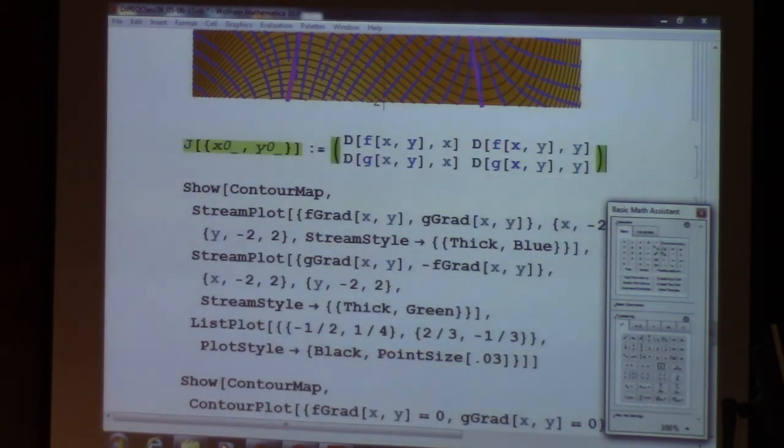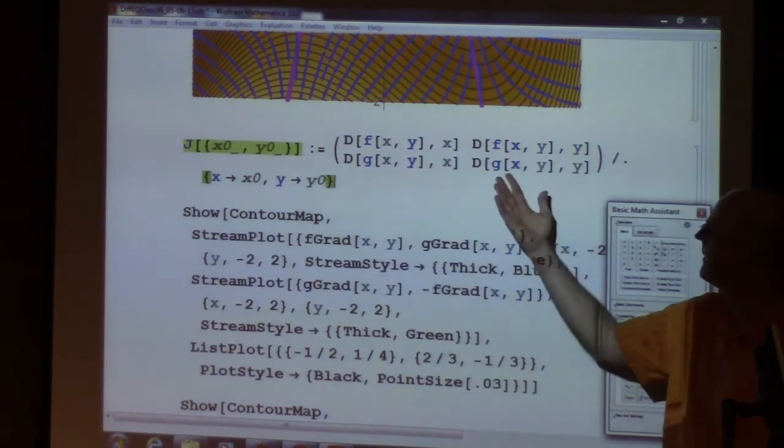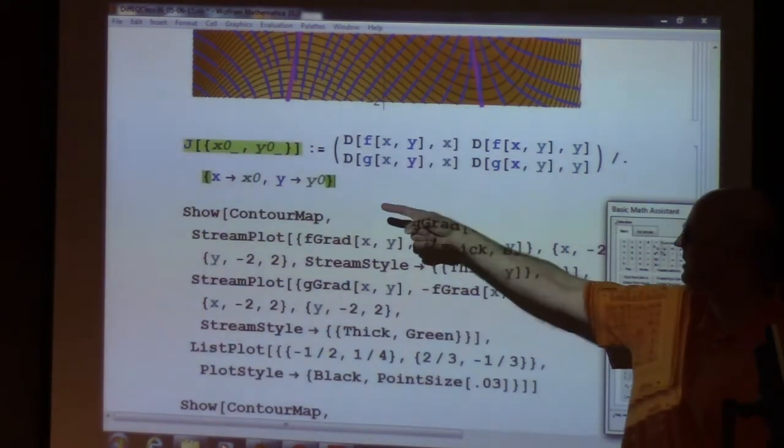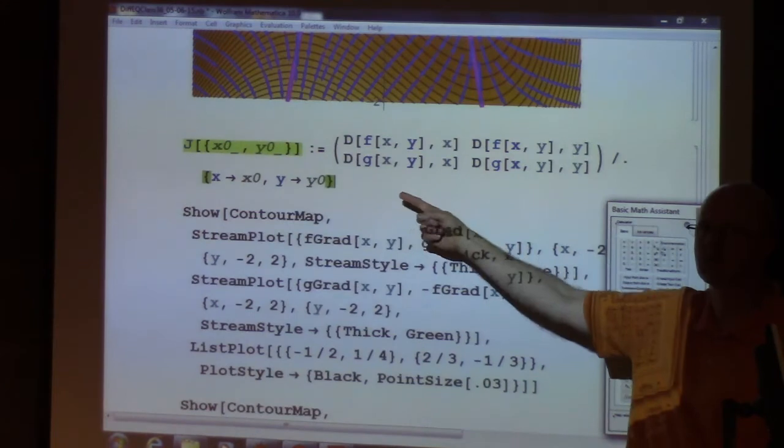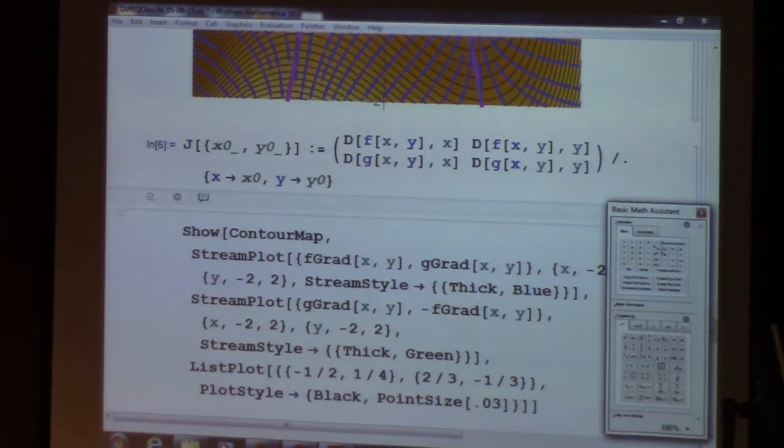That differentiates those functions, and then you can do what's called a replace all slash dot, and then inside the list go x arrow x0, y arrow y0. So effectively what this does is it does the derivatives first, treating the x and y as variables, then plugs in x0 and y0 at the end. So you evaluate the derivative at those points.